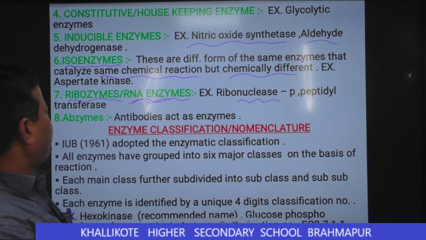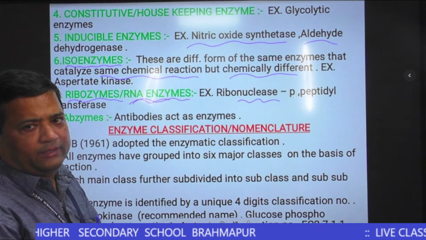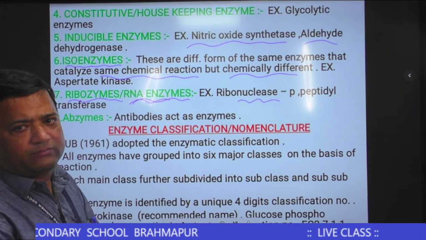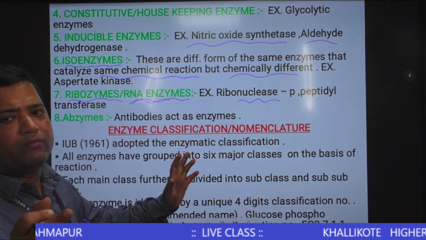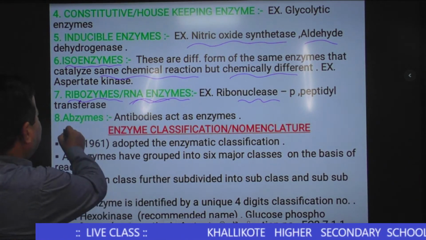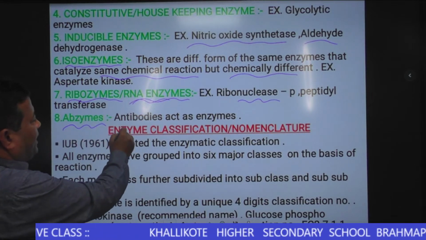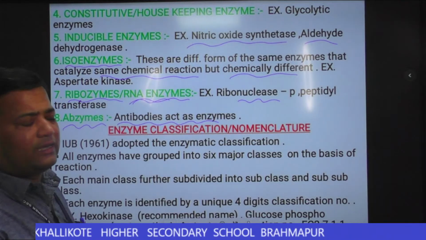Ribonuclease P and peptidyl transferase are RNA enzymes. They are made from RNA. So not all enzymes are protein; most enzymes are proteinaceous in nature. Then another enzyme, abzyme, where antibodies act as enzymes. Some antibodies function as enzymes.